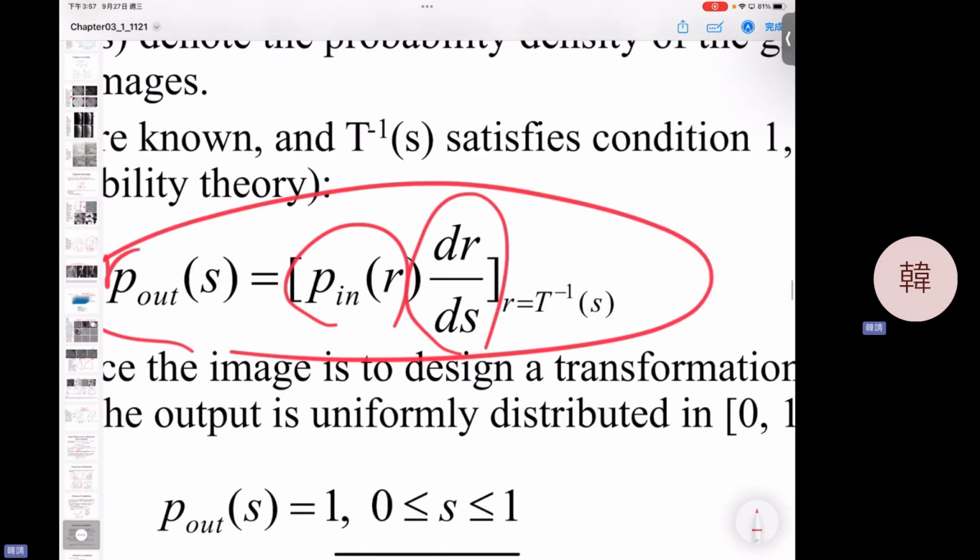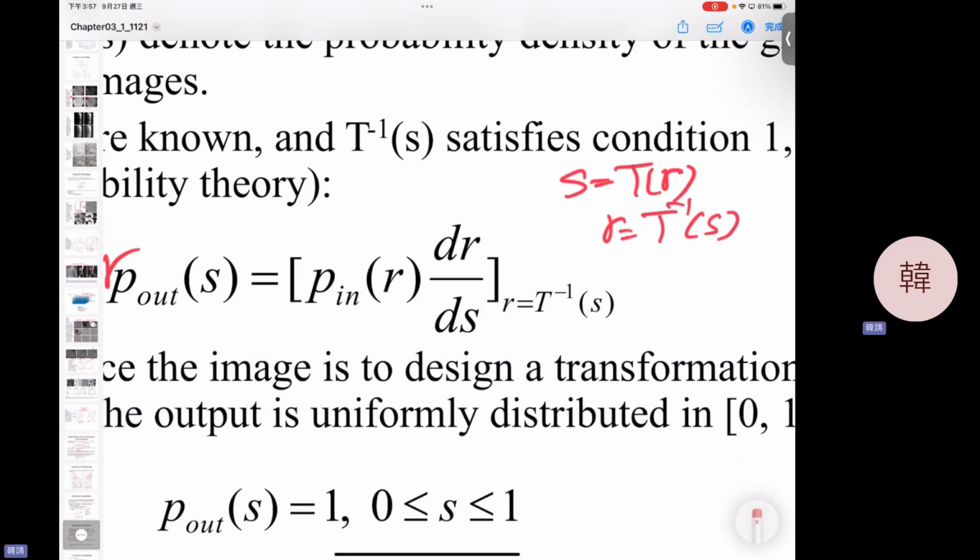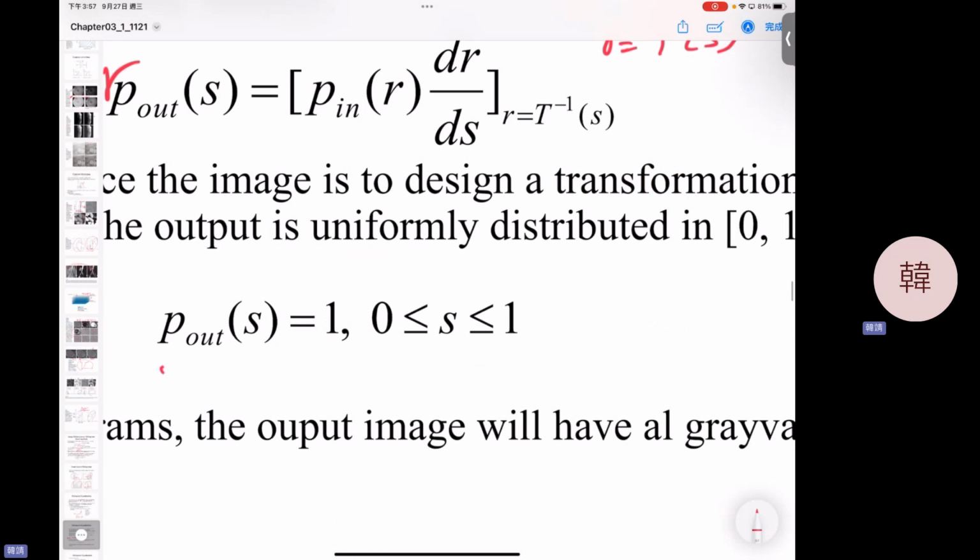Actually, we are going to set S equal to T of R. This is our transformation function. R changes to S. How do you change it? If we write R equal to the inverse function of S here, and we do this design, the result output will become like this.